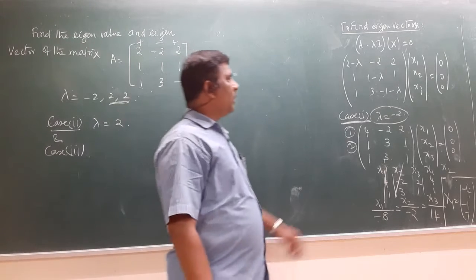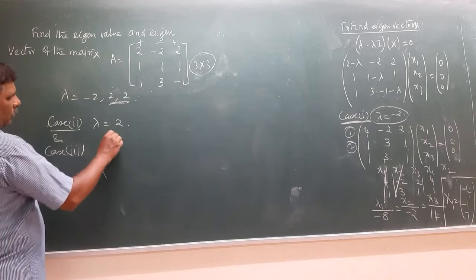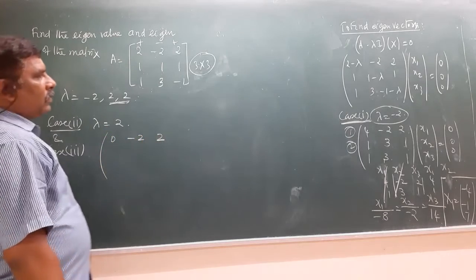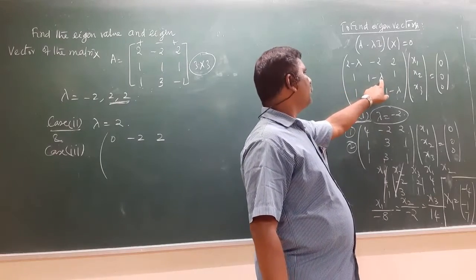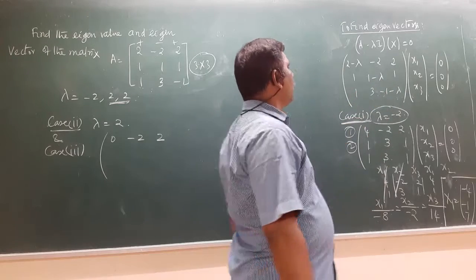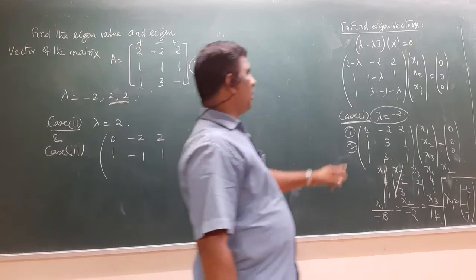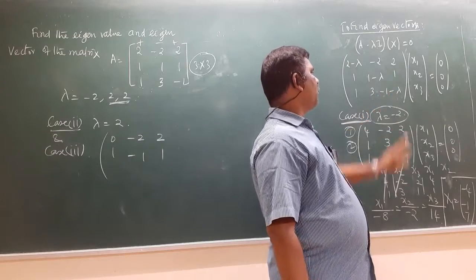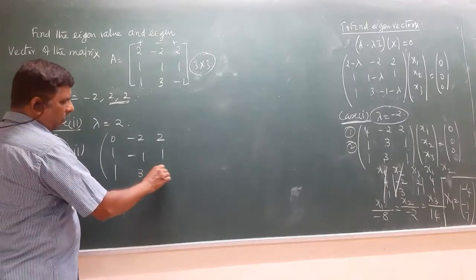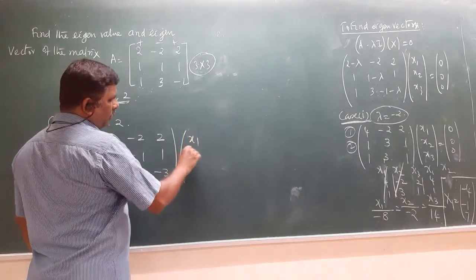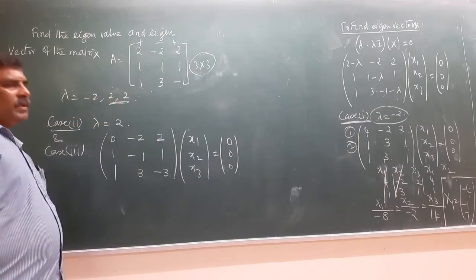Substituting lambda equal to 2 here: 2 minus 2 is 0, minus 2, 2; 0, minus 2, 2; 1 minus 2 is minus 1, 1, 1, minus 1; third row 1, 3, minus 1 minus 2 is minus 3. Times x1, x2, x3 equal to 0, 0, 0.